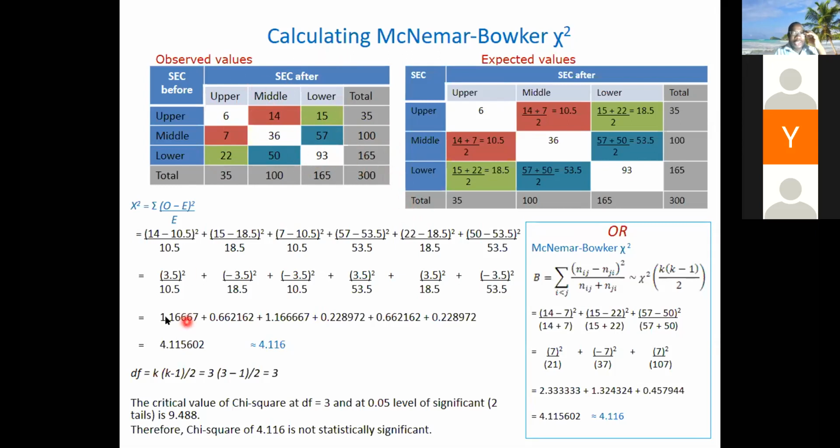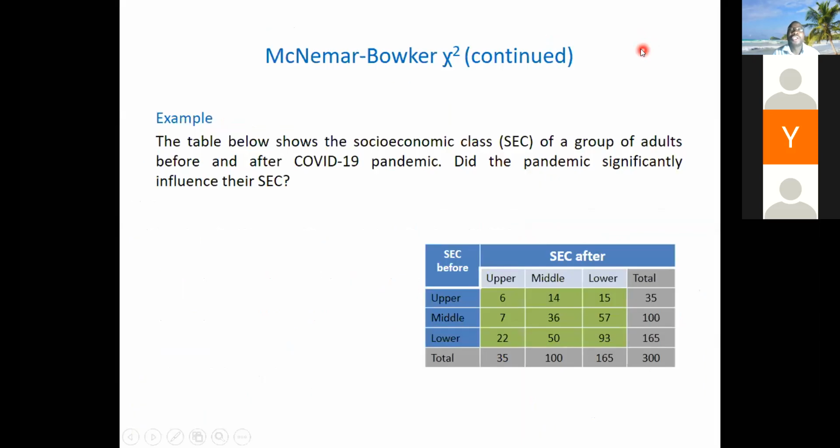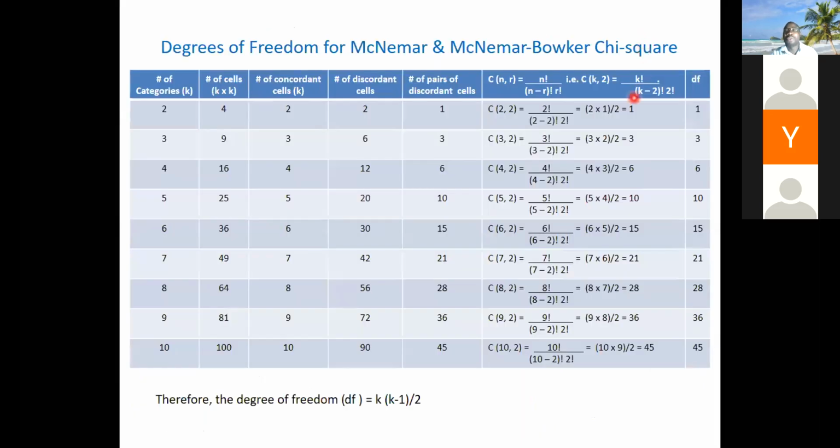So that is why they use this formula, you generated it from combination. That was what I was trying to show you. If you remember combination, this is the formula for combination, and that's what is adapted here.